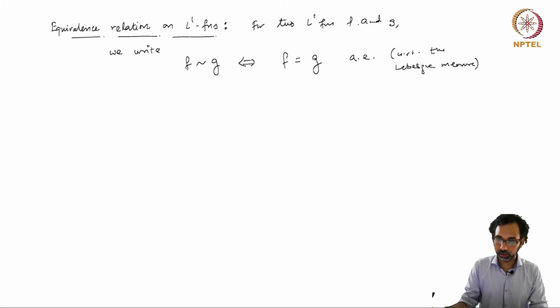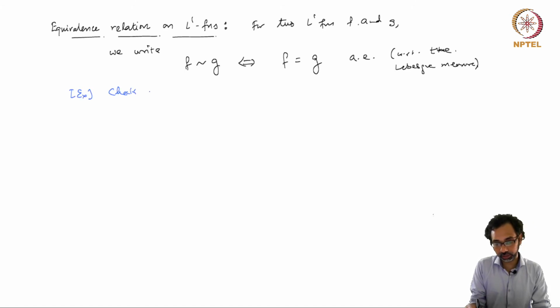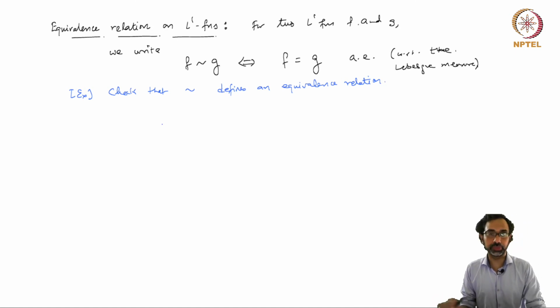So we are still on R^d, and first of all one has to check that this is an equivalence relation. It's quite easy to check that this defines an equivalence relation. It's almost immediate from the definition of the relation.